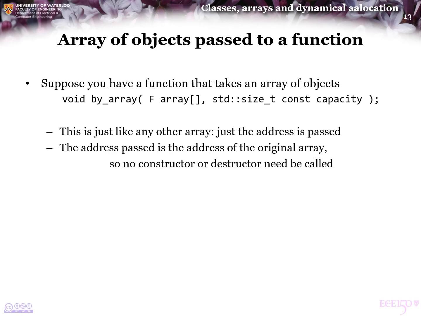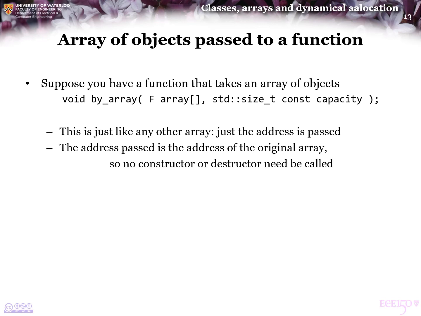Consequently, if that's all that's being passed, there will not be any calls to any constructors or destructors. In the function, array is just an array pointer, and when the function exits, that particular parameter goes out of scope, but it was only an address. So there's no need to call a destructor.